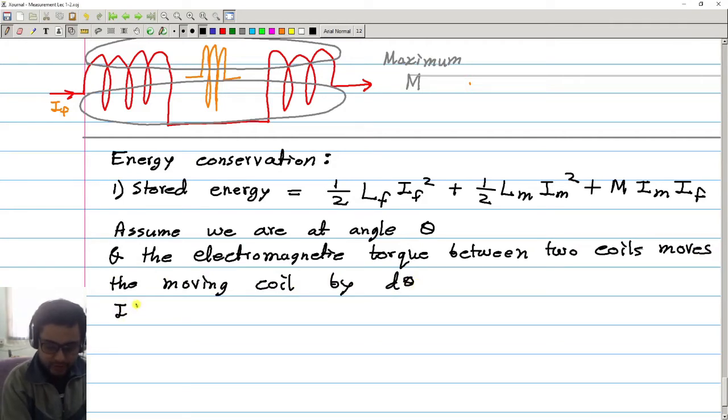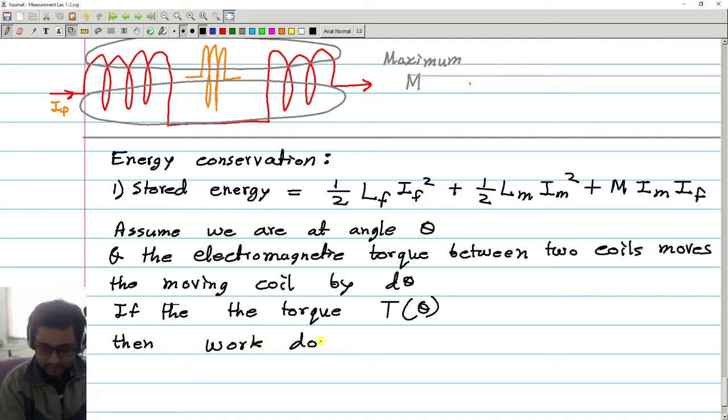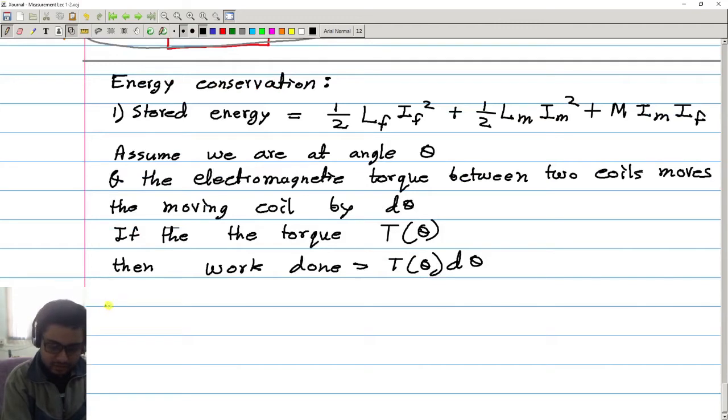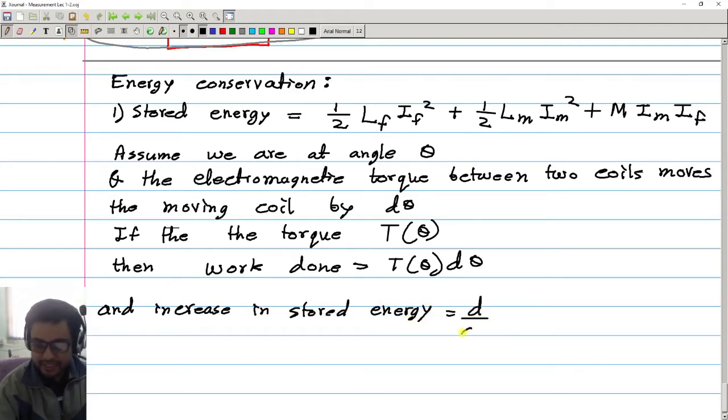And if the torque at this position was T theta, then work done again will be T theta d theta, and increase in stored energy will be d theta of this long quantity.